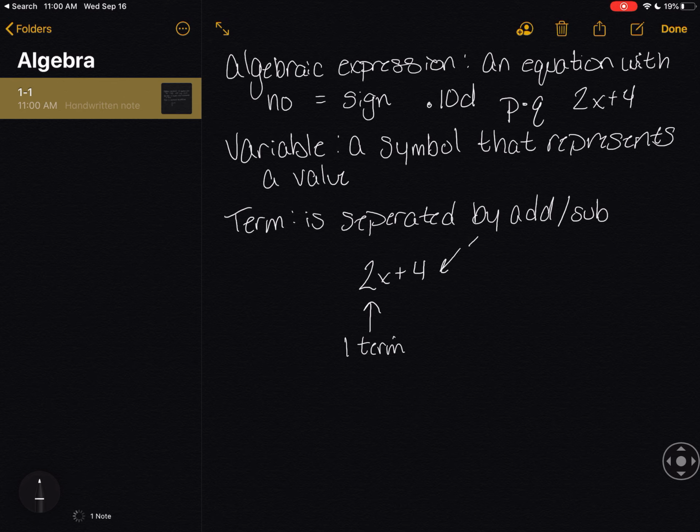And this is term 2. There's one term on either side of the plus sign. Typically speaking, though, this isn't considered a term. We would usually call just a plain number a constant. So a term, by definition, has a variable.